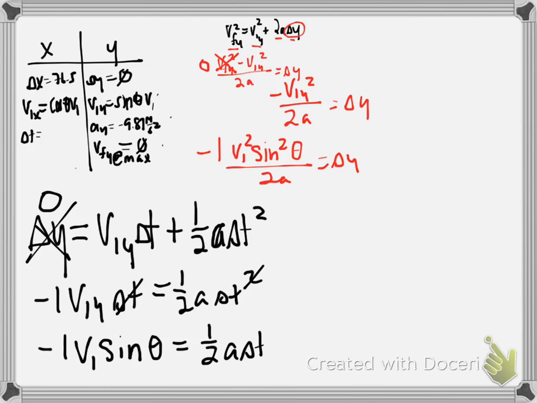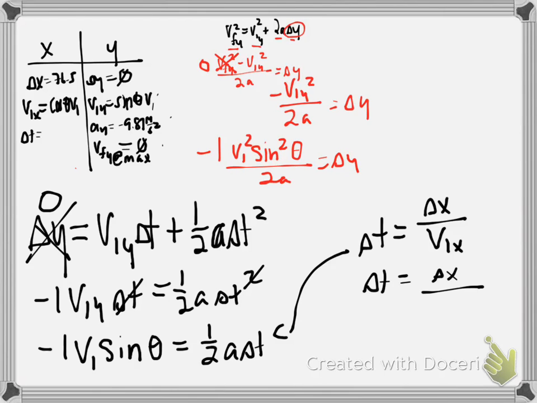So now, for delta t, we can bring in our stuff on the x-axis, because we know that, sneakily enough, delta t equals delta x over vix. Delta x over vix, which means delta t equals delta x over vi cosine of theta.